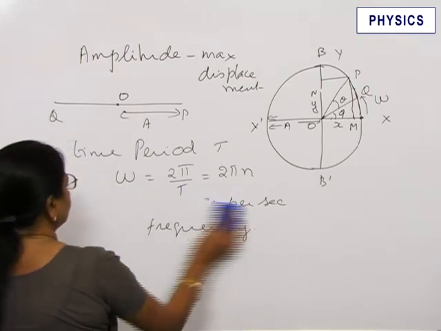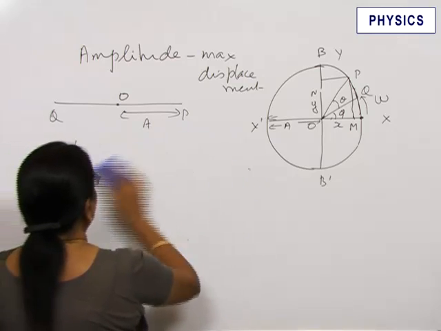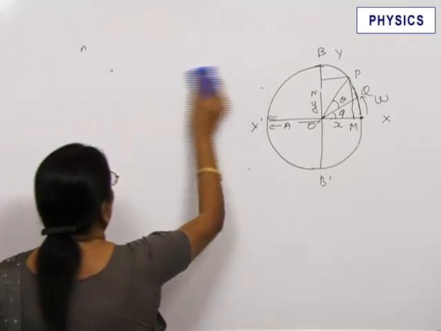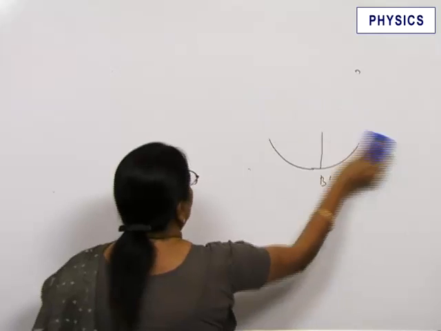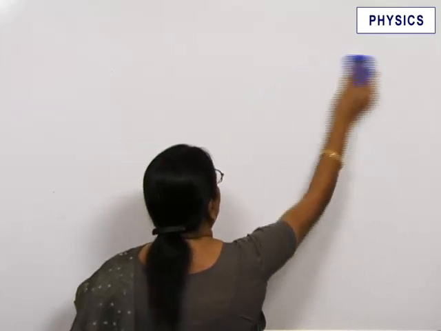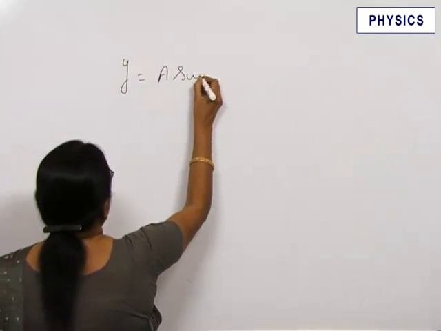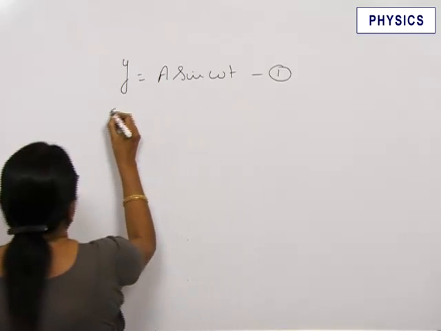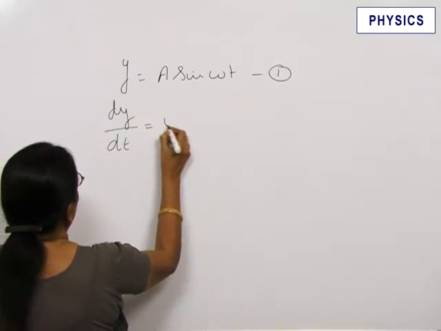Now, let us take one of the forms for the instantaneous displacement of the particle, either x or y. From that we will get the formula for velocity and acceleration. So, y equal to A sin omega t. dy by dt is the velocity.